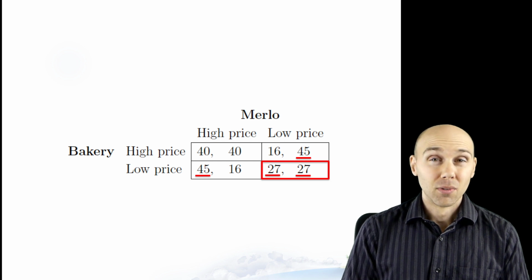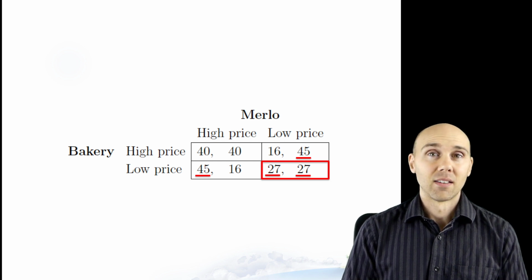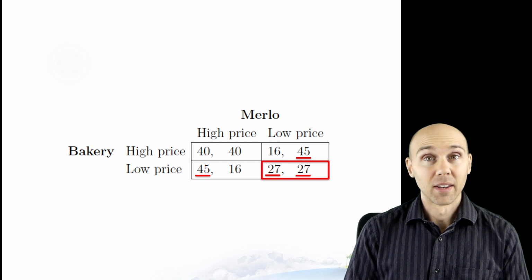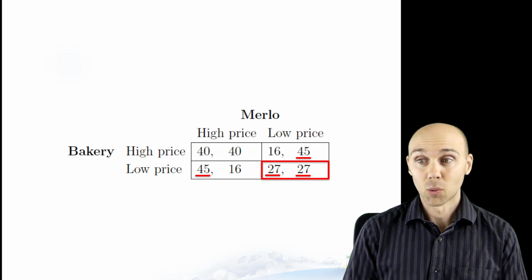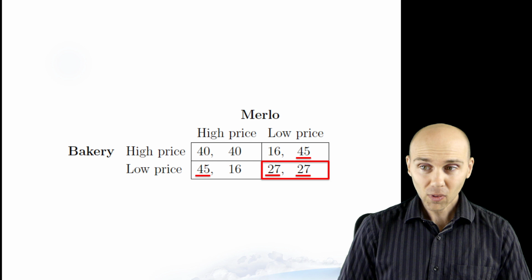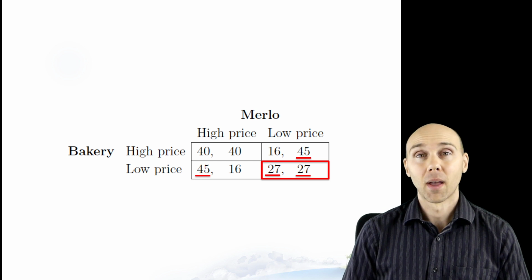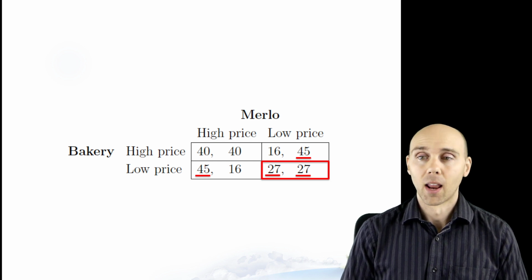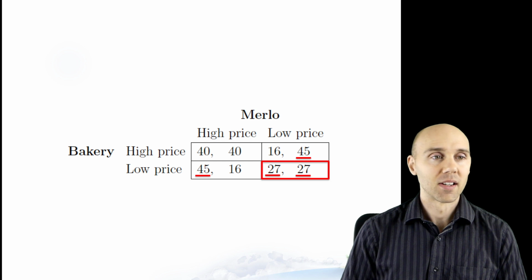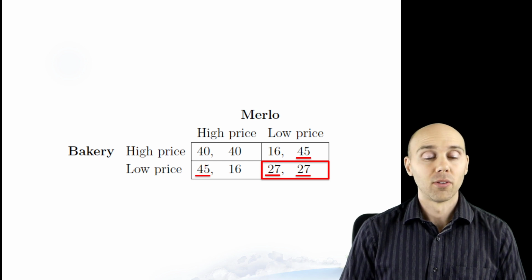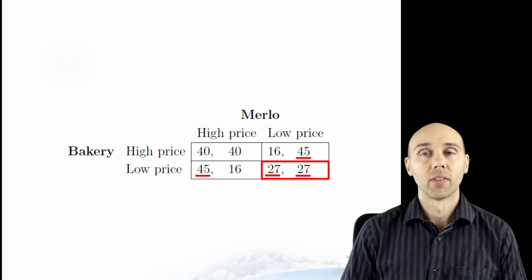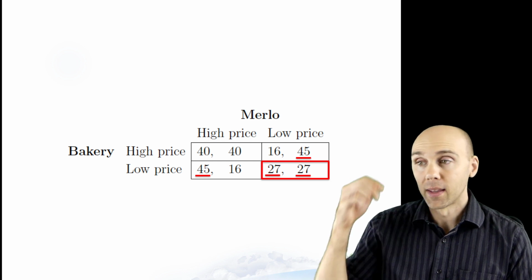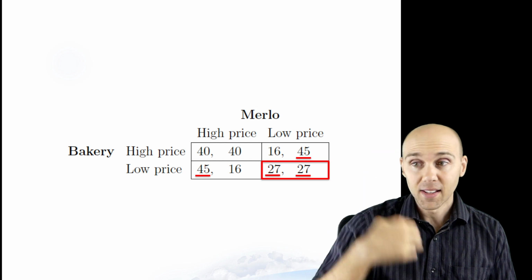In fact, there are two dominant strategies, and in a Nash equilibrium they both need to be played, and that gives us this 27-27, which is essentially the same game as the prisoner's dilemma. So this is just the same situation as the prisoner's dilemma, or also the fuel station example we saw in the last lecture between BP and Caltex. Okay, so that's the answer there.